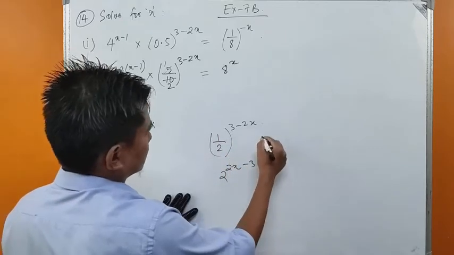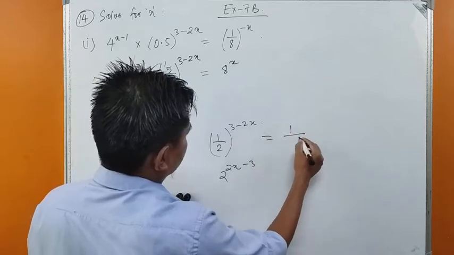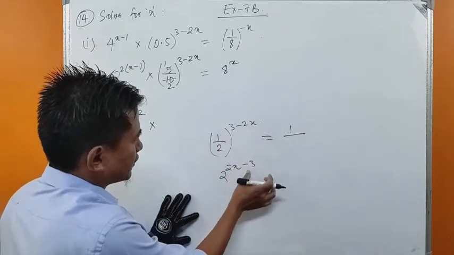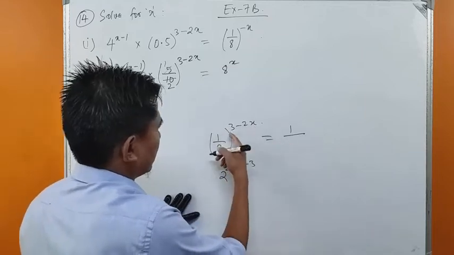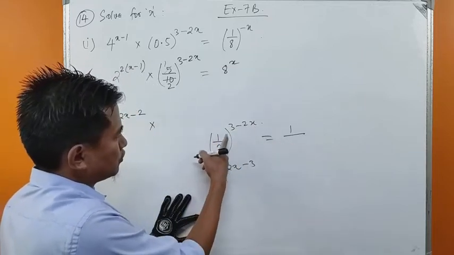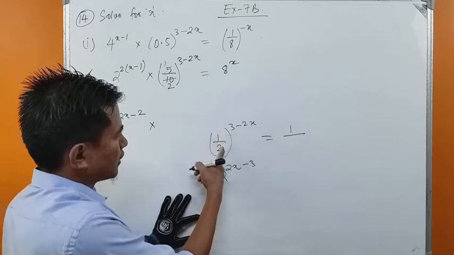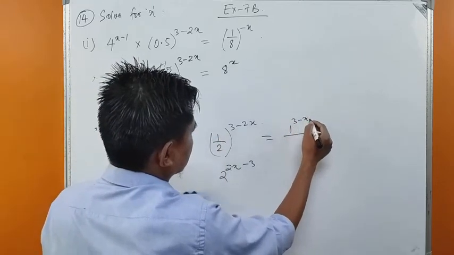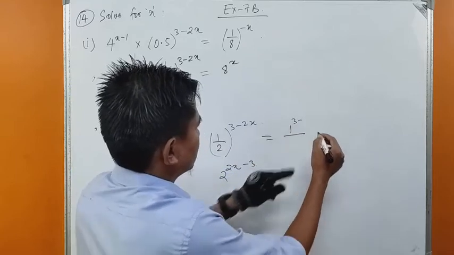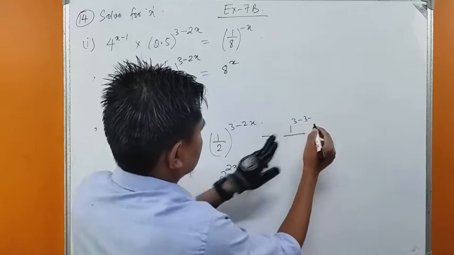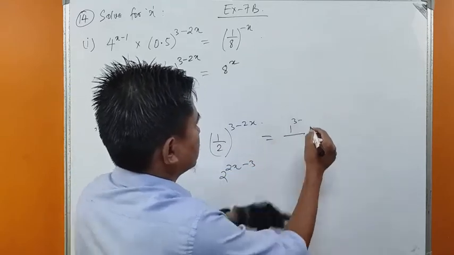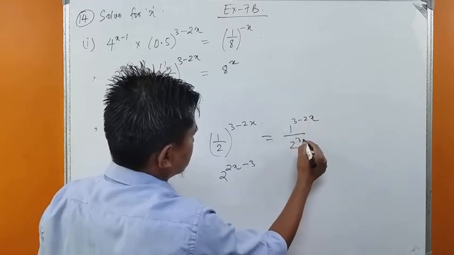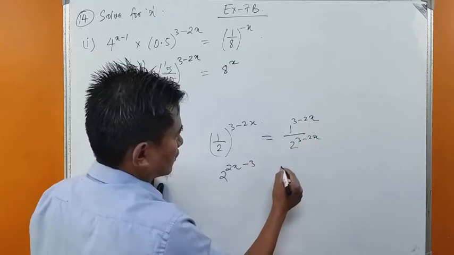How did this happen? See here, 1 upon 2, this power applies to 1 and 2 both. So 1 to the power 3 minus 2x upon 2 to the power 3 minus 2x, okay.